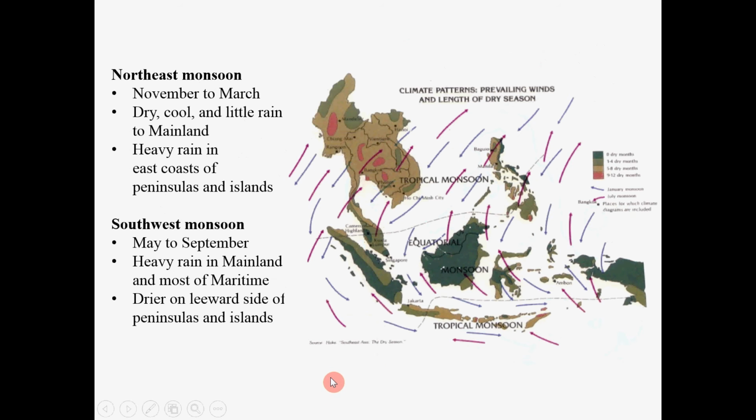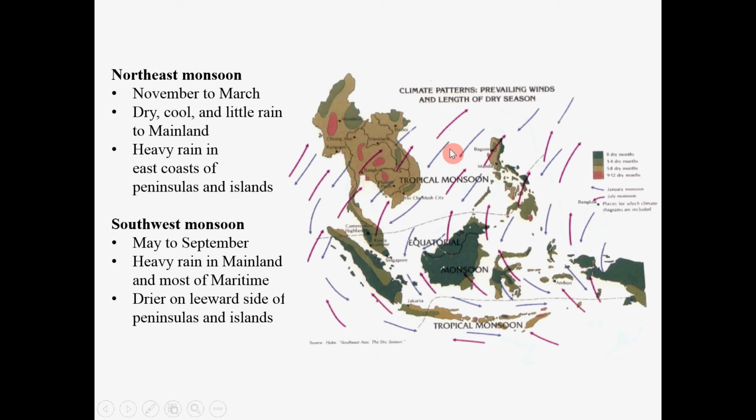In terms of the monsoon pattern, the northeast monsoon is a continuation of the winter monsoon from East Asia. But when it blows over to Southeast Asia, it's not as cold.